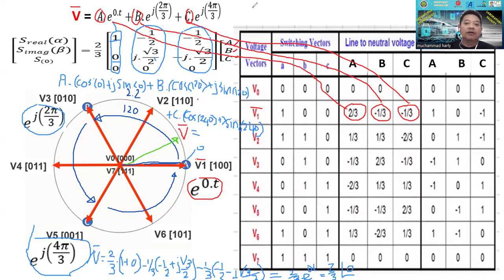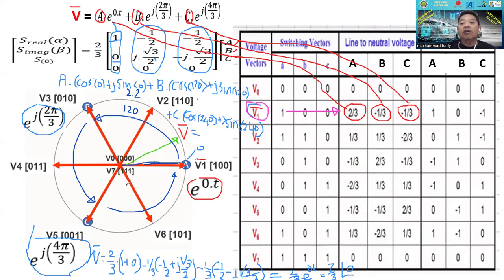The calculation is this and this one, with the amount of sources E, B, and C like this. Okay.